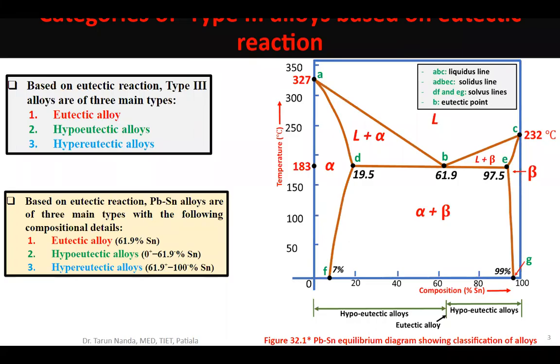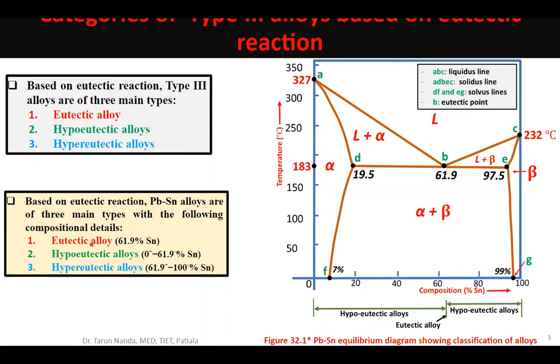You see, like the type 2 binary alloy systems, which were eutectics, type 3 systems are also eutectics, and on the basis of the eutectic reaction, these alloys are also categorized into three categories: the eutectic alloy, the hypoeutectic alloys, and the hypereutectic alloys.